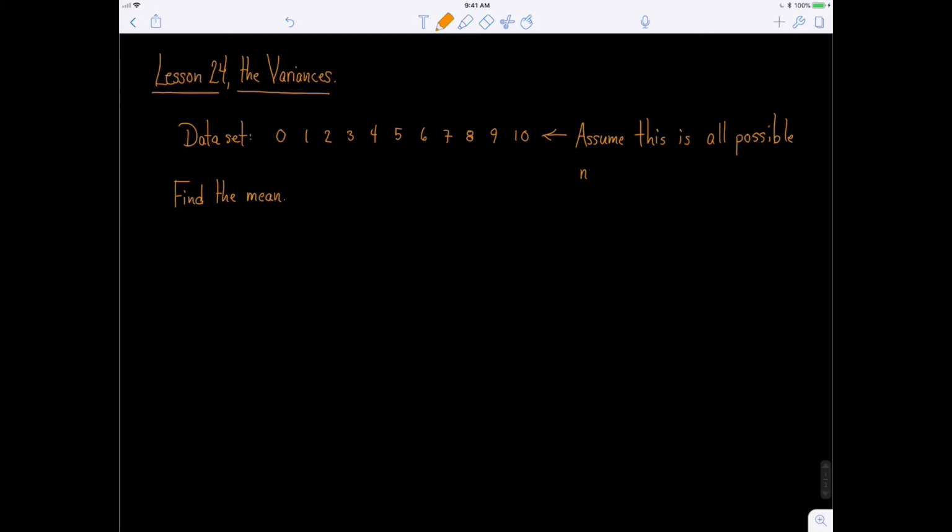Now, they may occur in different frequencies, but these are the only possible numbers that we can have.